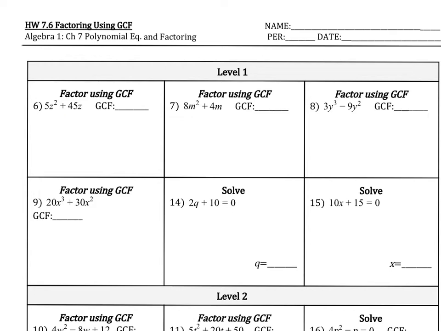You can do this one two ways. We can just think that 5z divides 5z squared, and 45z is also divisible by 5z, so the GCF is 5z.